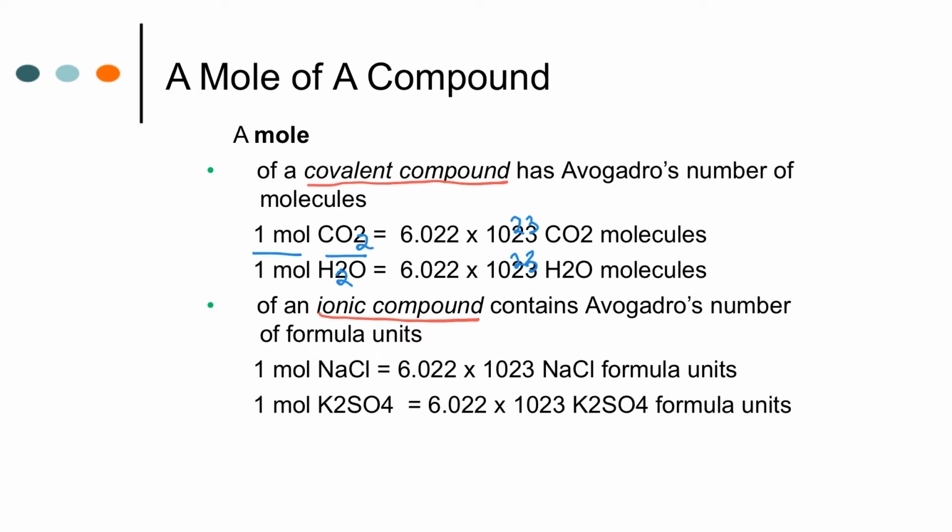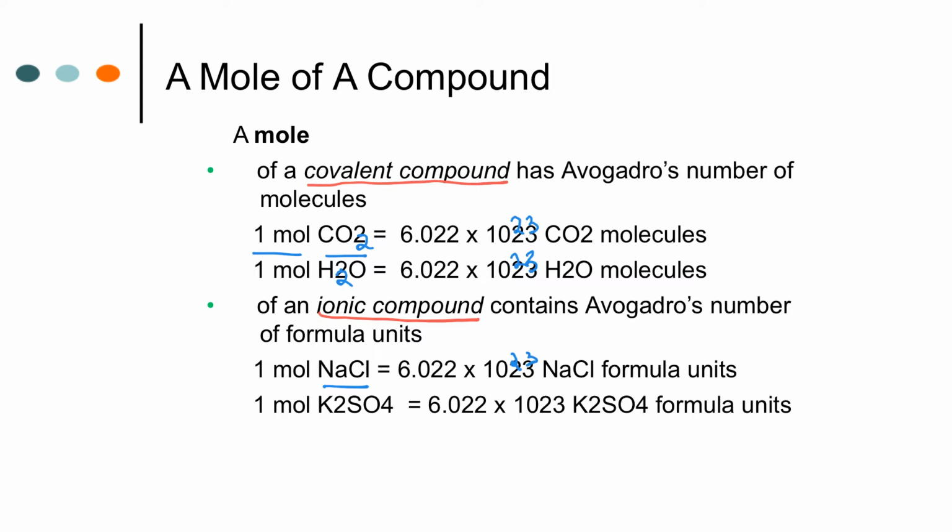Okay. If it's an ionic compound and we want to tell how many moles of that compound there is, we always use formula units. So, for example, NaCl, sodium chloride, is an ionic compound. So if we have 1 mole of sodium chloride, we say we have 6.022 times 10 to the 23rd formula units of sodium chloride.